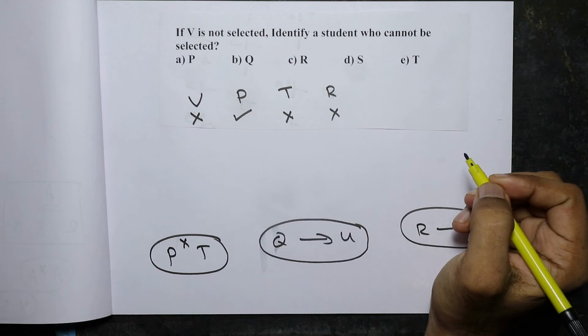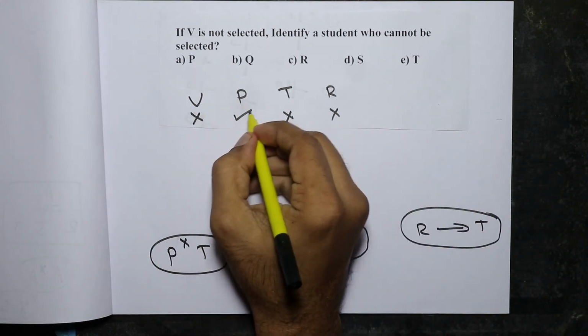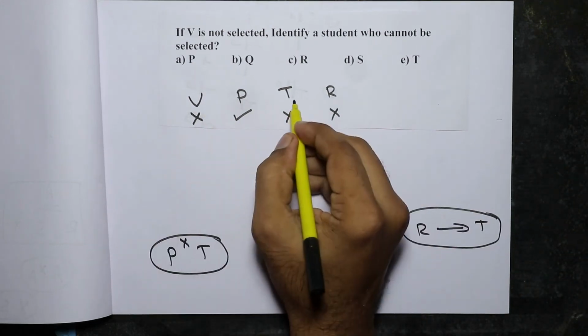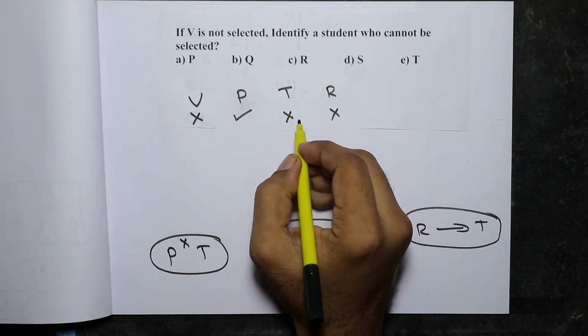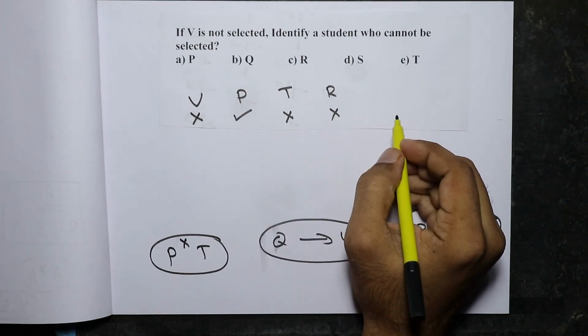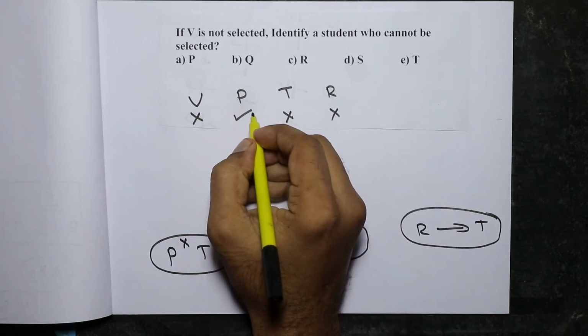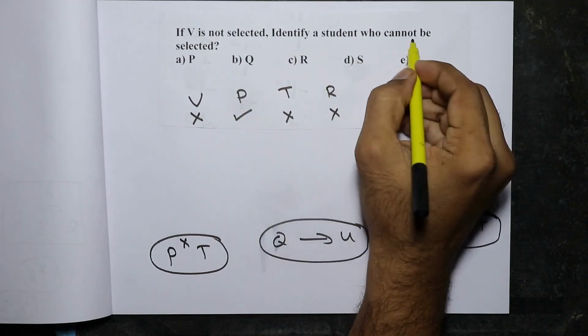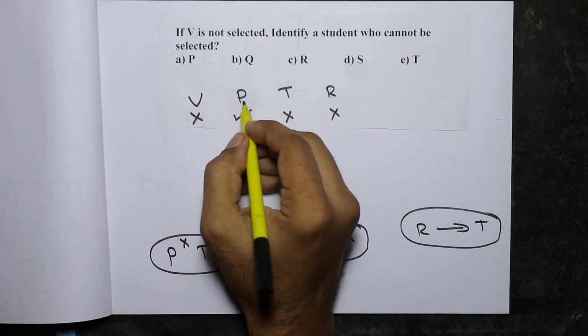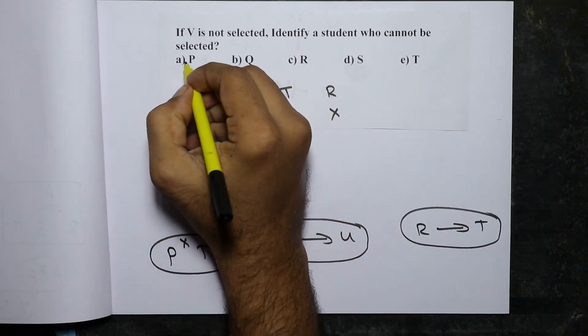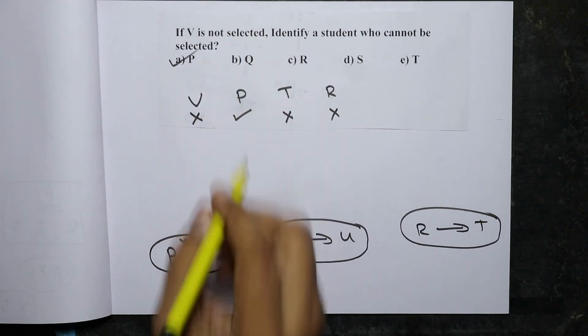So if P is selected, V, T and R, three of them will be omitted, which means that we'll have only 4 people, and that is not allowed. So basically P cannot be selected. So the student who cannot be selected has to be student P. That is option A. P is the right answer.